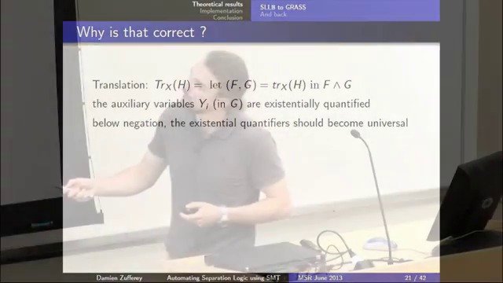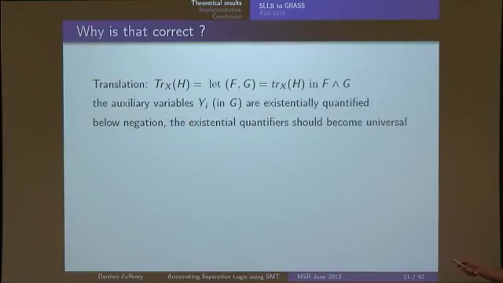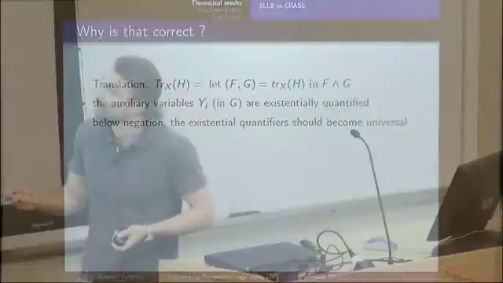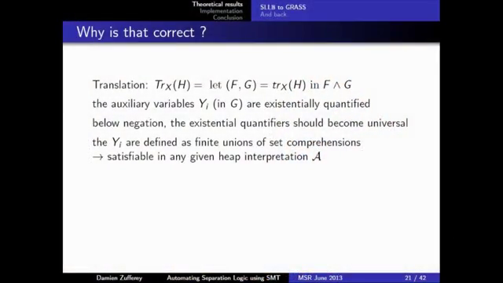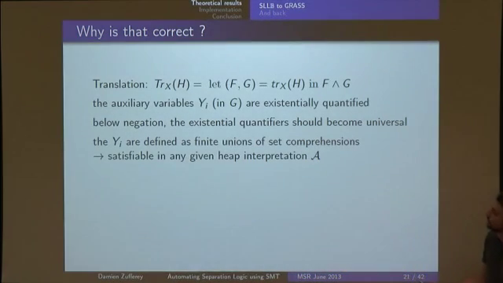Here in G, we are introducing these variables y, and they are existentially quantified. We need to keep them existentially quantified. And the problem is that if we had negation, they might flip to universal. So what's the observation that allows us to apply negation only on the F part? Well, we see that these y1 are defined only as set comprehension or a union.